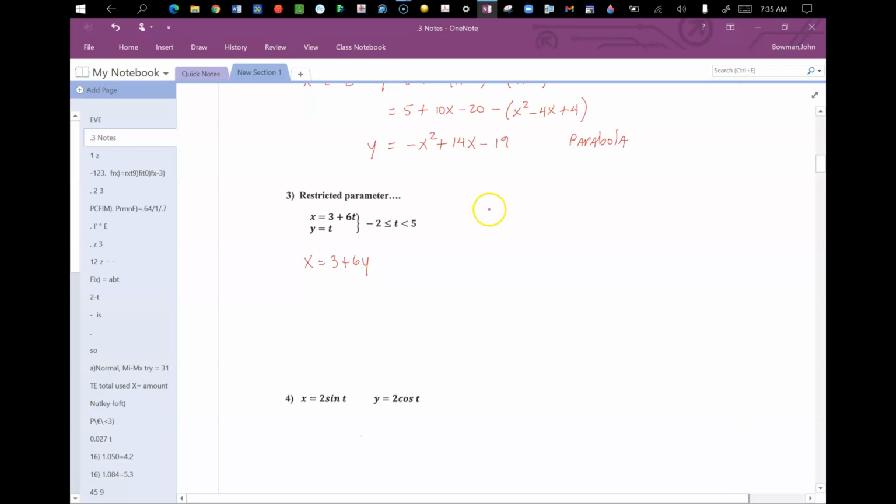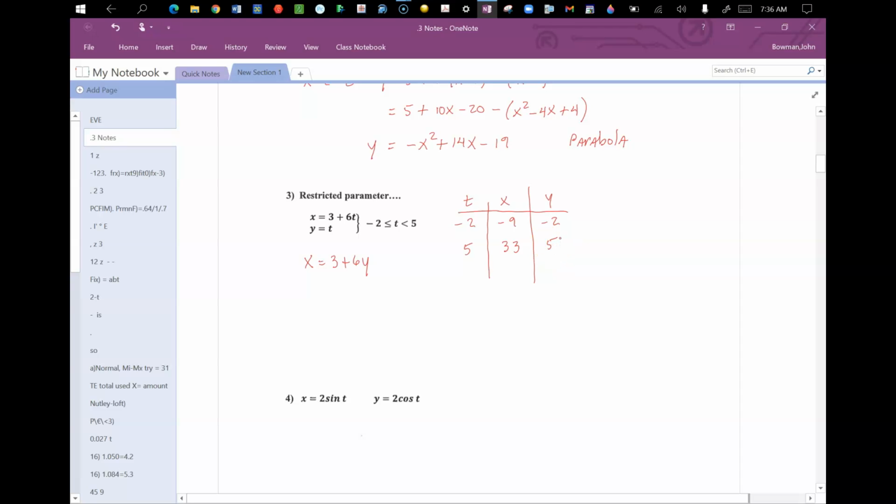But what we're going to do is take a look at a short table of values where we use the end points for t. So -2 and 5, and we're going to plug those into the x and y equations and see what we get. When t is equal to -2, you're going to have -9 for x and -2 for y. Plug 5 in for t, and you are going to have 33 for x and 5 for y.